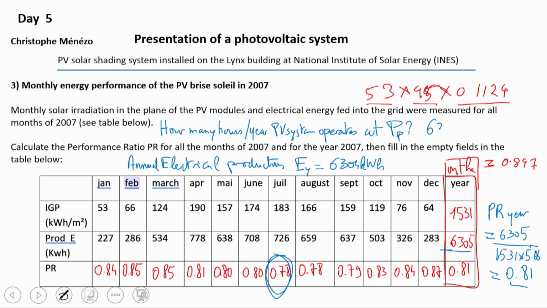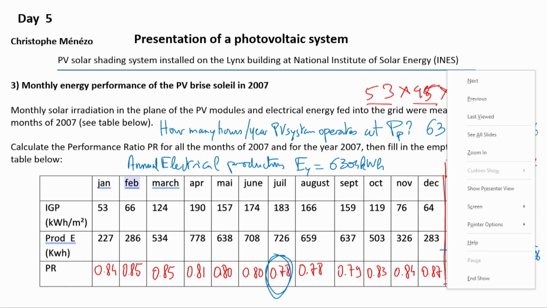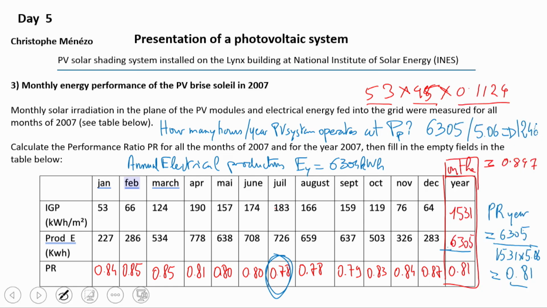It is the total of the production divided by the power peak of my central, and it will provide 1,246 hours.